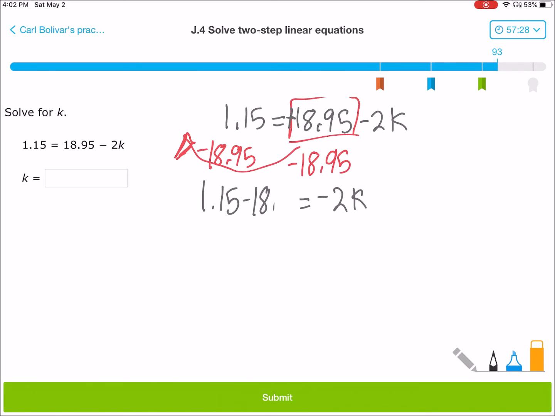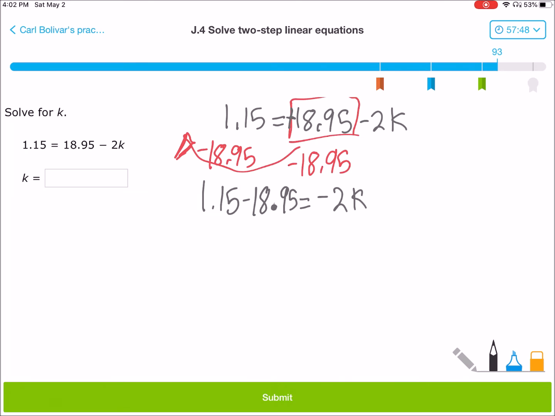Oh wait, a mistake there. 0.95. Alright, so if we did 1.15 minus 18.95, we will get negative 17.8.